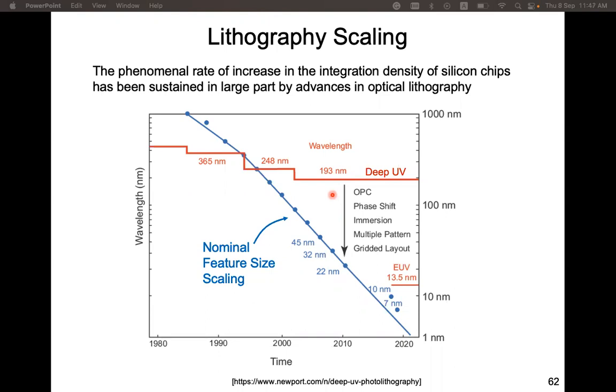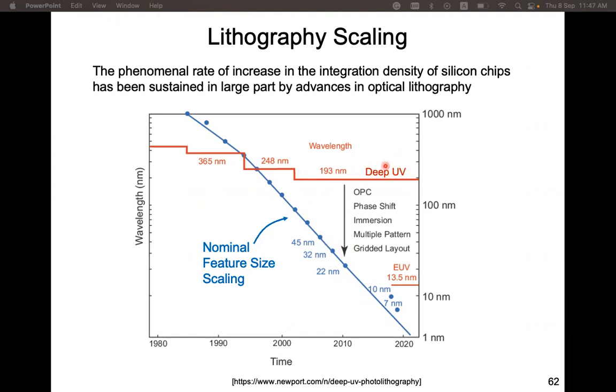But with some tricks, people are actually able to use the deep ultraviolet light source for technologies below the conventional limit.